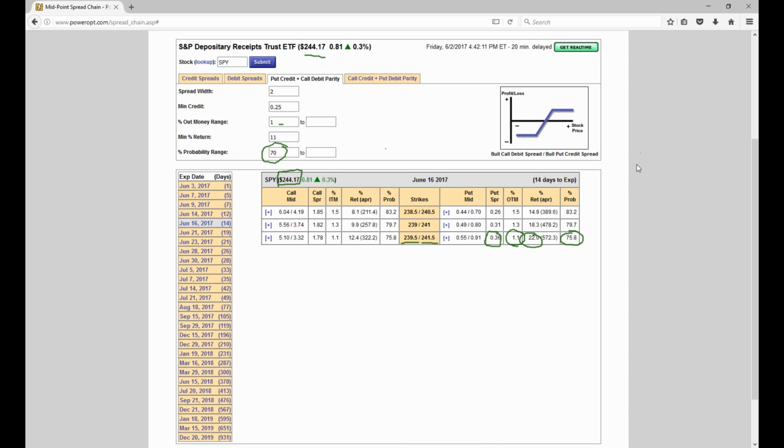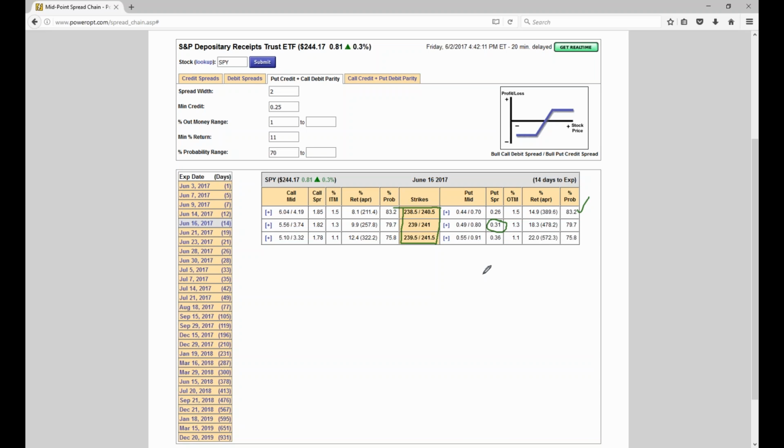Okay, so this is a little bit better than the search by symbol because we've narrowed it down to the 3 spreads that offer the probability that we want and at the same time offer the net credit that we want as well. Remember when we looked at the search by symbol, we saw 60% probabilities and 68% probabilities that came with credits of 45 cents, 42 cents, and so forth. Well, the credit sounds great, but the probability doesn't.